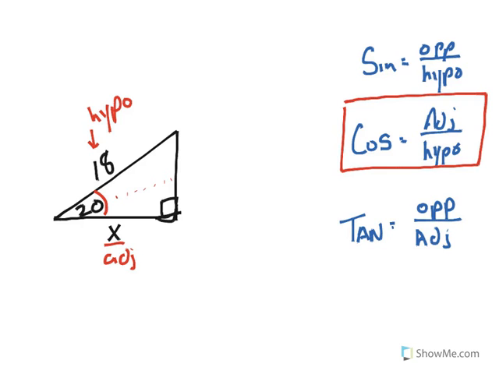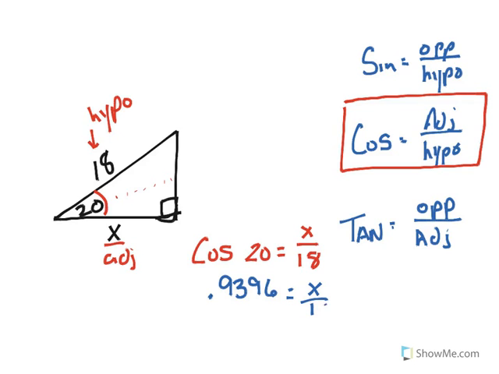Okay, so here is my math. I'm going to say the cosine of angle 20 equals adjacent, which is side x, over hypotenuse. The first thing I'm going to do is put cosine 20 in my calculator and use the first four digits, equals x over 18.